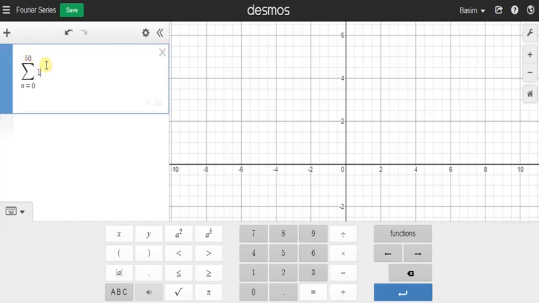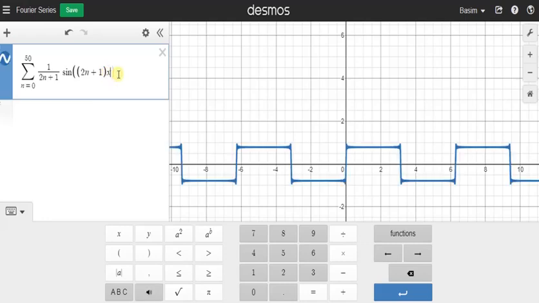Then 1 by 2n plus 1 into sin of (2n plus 1) into x. And if you plot this function, then you will get a square wave. So just using summation of sine, we have produced a square wave.